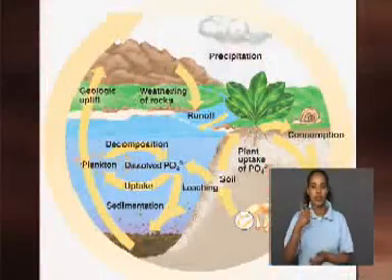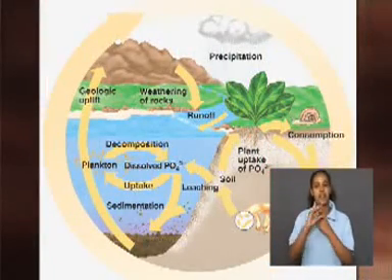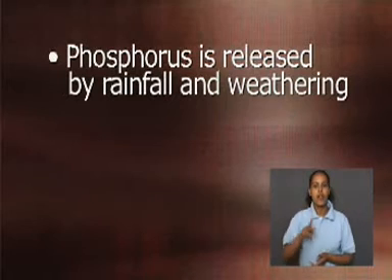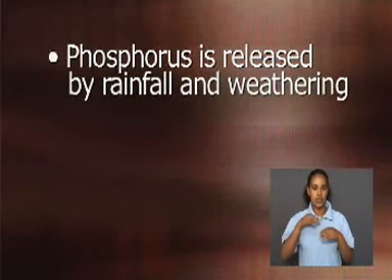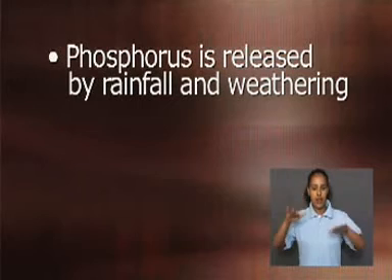Hello again, students. Here is a diagram of the phosphorus cycle. We will use it to help us explain the different phases. Phosphorus that is present in rocks and soil is released by rain and weathering.